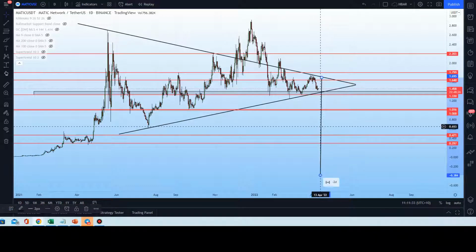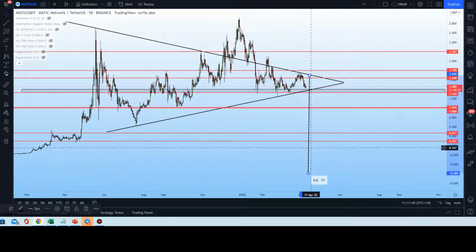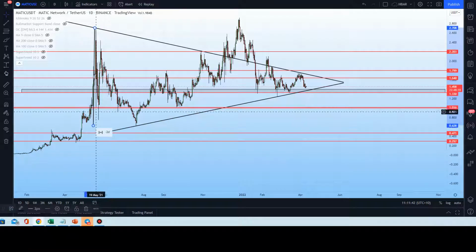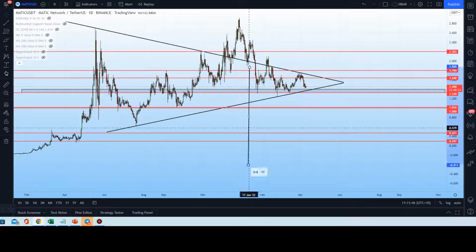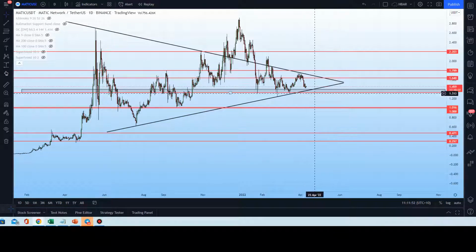Obviously, you can't apply it too much to this breakout point because it's taking us down to the negatives, since the directional move upwards was so extreme. It went up a couple hundred percent, and we're not up enough to really get that directional move upwards. But what it is saying, more or less, is that the direction is very much downwards, especially if we do break down below the symmetrical triangle.